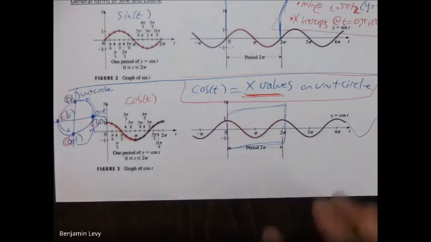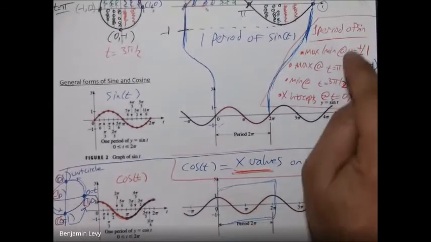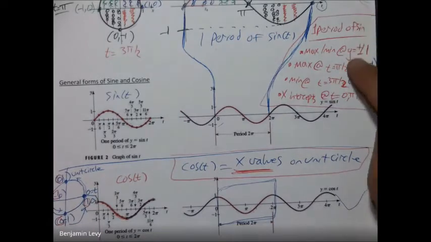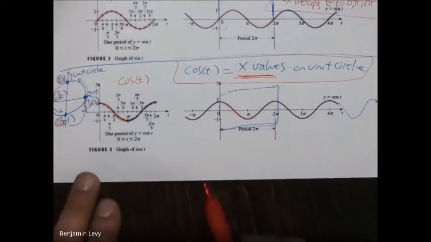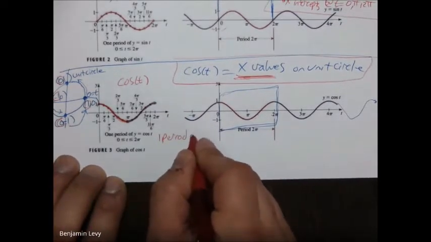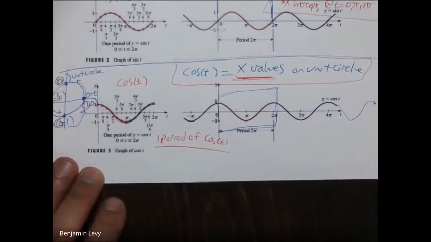I do want to summarize what we were thinking in terms of the maxes and the mins. It's nice to write this down. You might want to pause the video if you haven't written that down already. This sort of traced out what we were doing with sine. I'd like to write the same thing down right here, and we can reference the graph right above it for one period of cosine. So we're tracing out the x values.